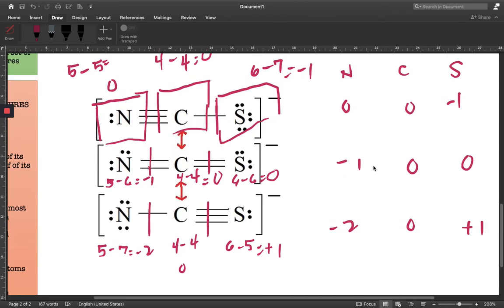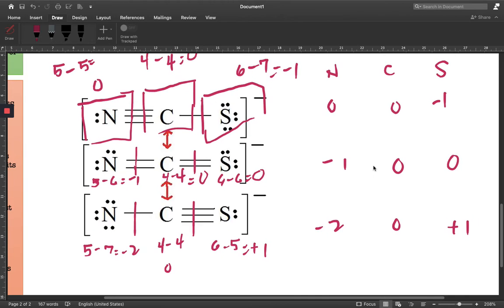So therefore, this combination of formal charges allows us to choose the best resonance structure, which is this one. So NCS. And therefore, we consider this to be our most stable structure. All right.